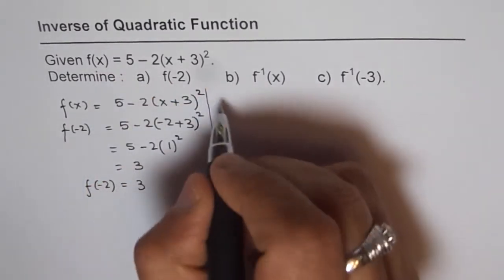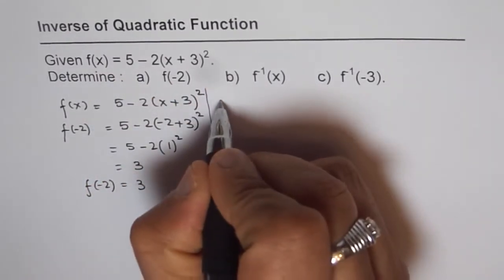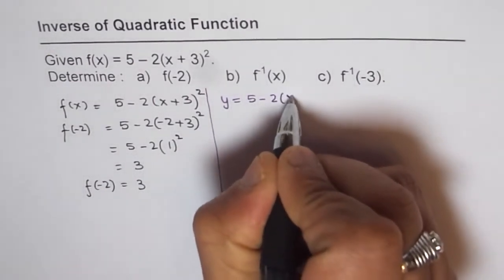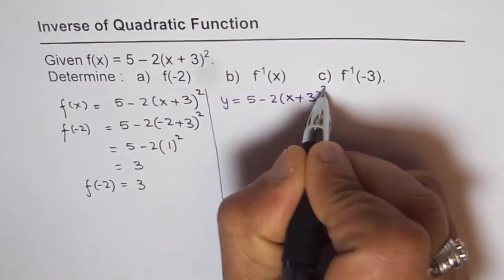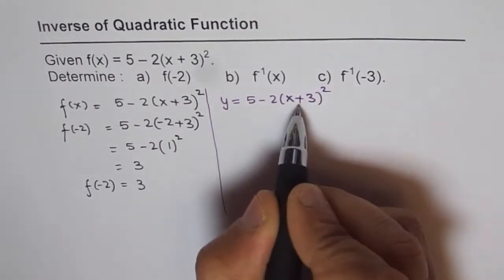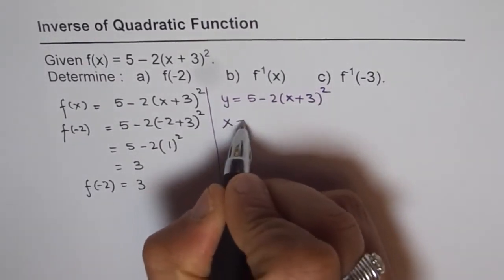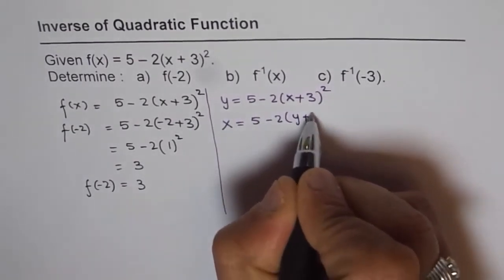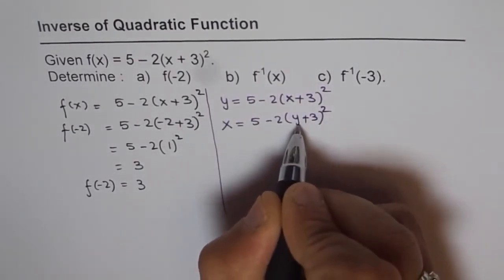Let me start by writing y equals 5 minus 2 times (x plus 3) whole square. Now let's swap x and y. So instead of y, I'm writing x, and instead of x, I will write y. And now we'll solve for y.